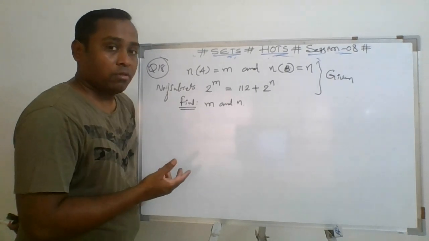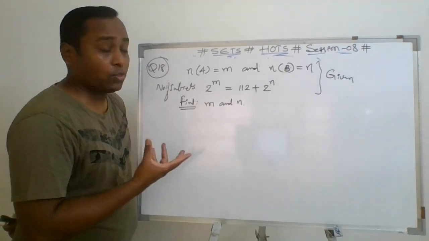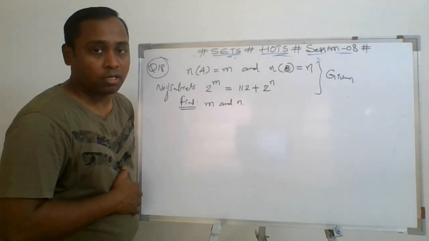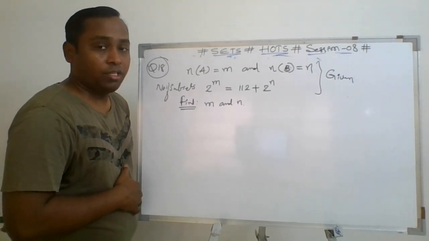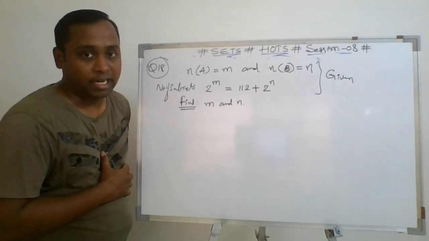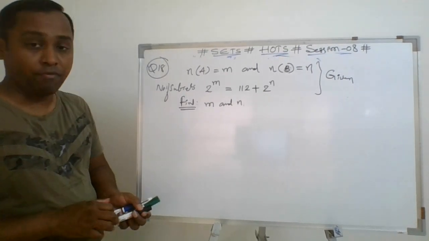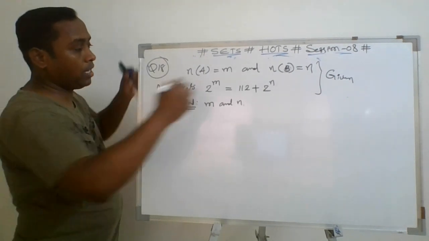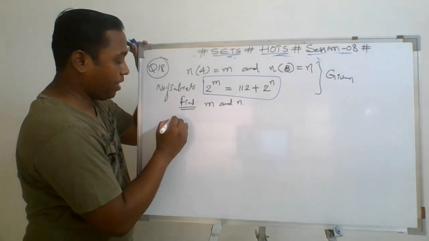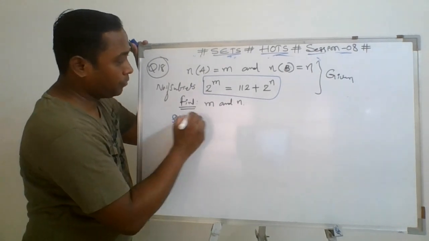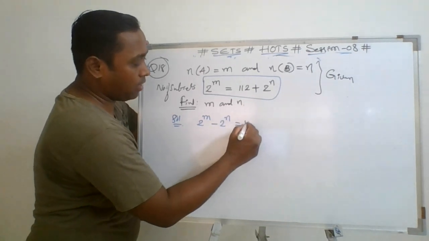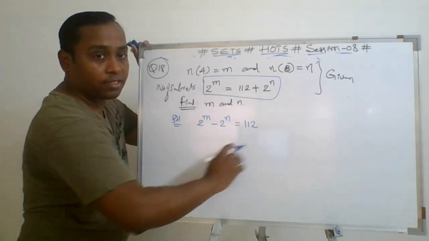Sometimes the answers may strike directly by just thinking orally, but sometimes they don't. So for that, you need to have a perfect method to calculate m and n without thinking in a random way. For that, I'm simplifying this equation in a smart way. How? See, 2 to the power of m minus 2 to the power of n is equal to 112 as per the given statement.